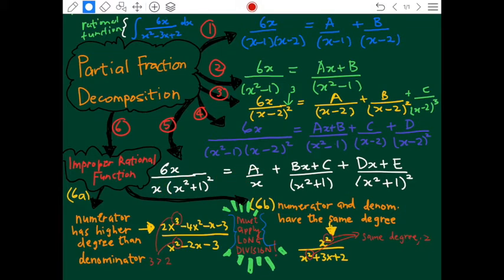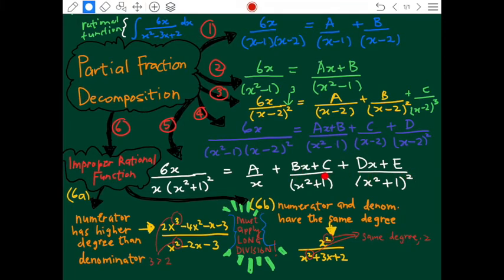What you need to do is break it down here, since x squared plus 1 is power of 2, basically there will be bx plus c over x squared plus 1, and then you have to do another one, dx plus e over x squared plus 1 squared.